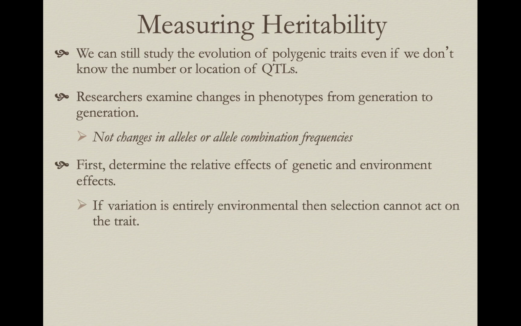The first step is to determine the relative effect of genetic components versus environmental components to the trait variation. Because remember, if the phenotypic variation you see is entirely dependent on variable environment, then selection can't operate on that. And so that has important consequences for evolution.